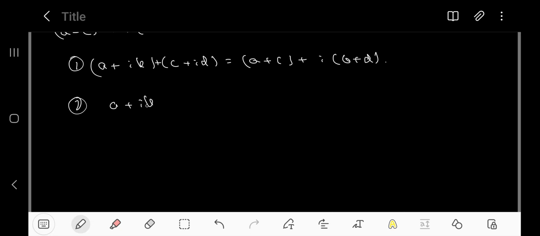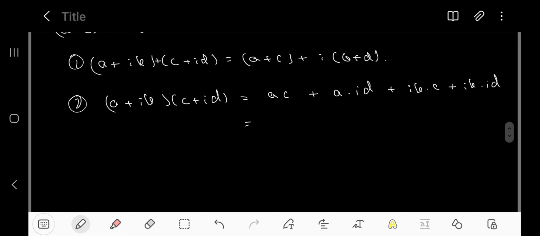So (a plus ib) times (c plus id), we move forward using the usual distribution of multiplication we have. So we have a times c, plus a times id, plus ib times c, plus ib times id, obeying the original order. Now obviously each element a, b, c, d is in the reals, so the multiplication is commutative and the addition is commutative as well.